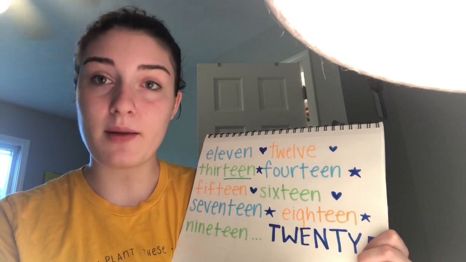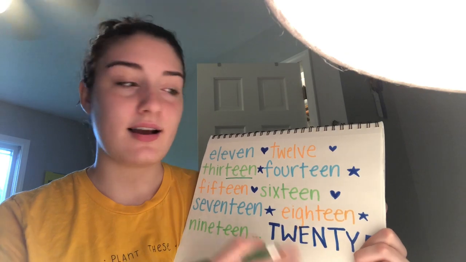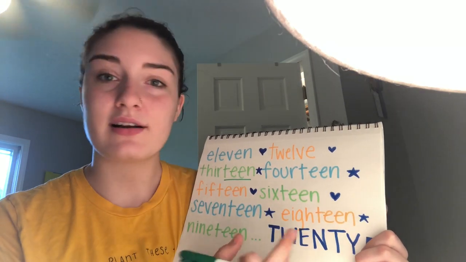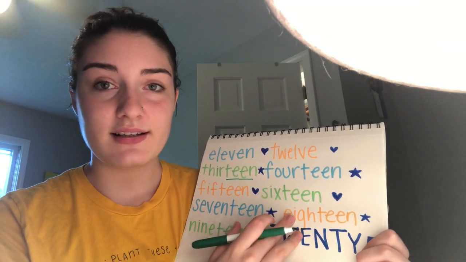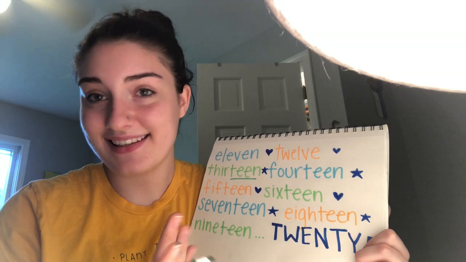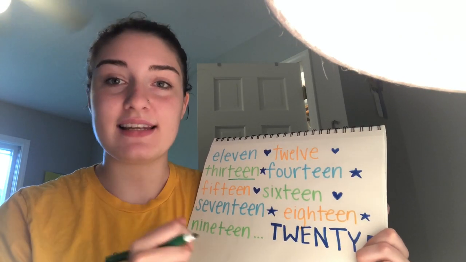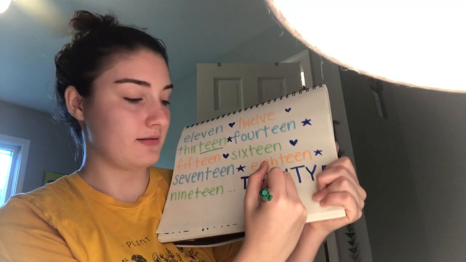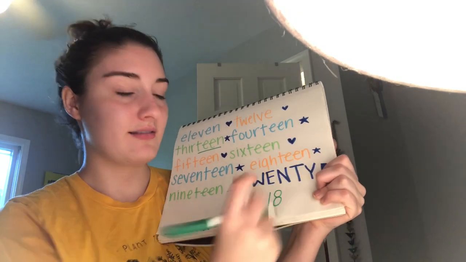So if you ever have trouble remembering the number 18, for example, all you have to think is, what's the number 8? 8. And then you just have to add the sound teen after, 18. And then it becomes the number 18.